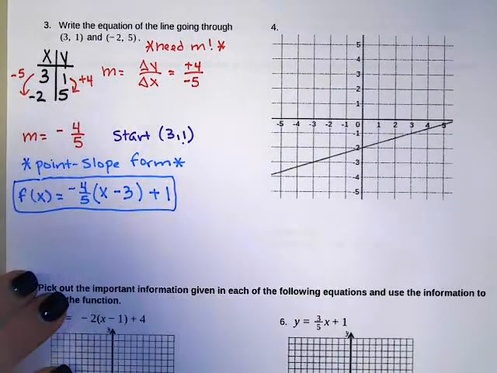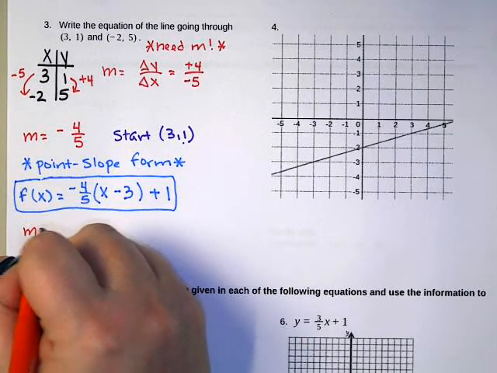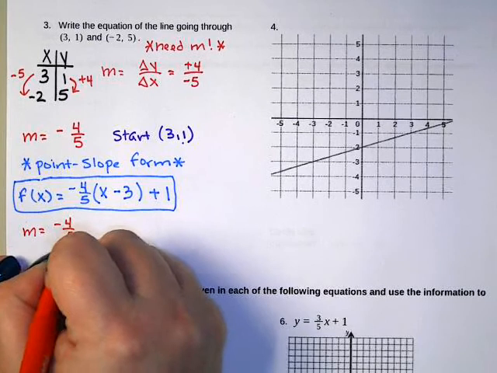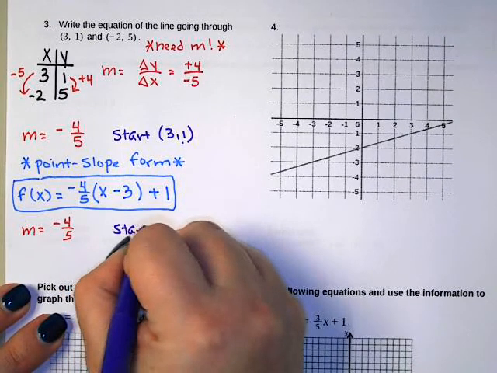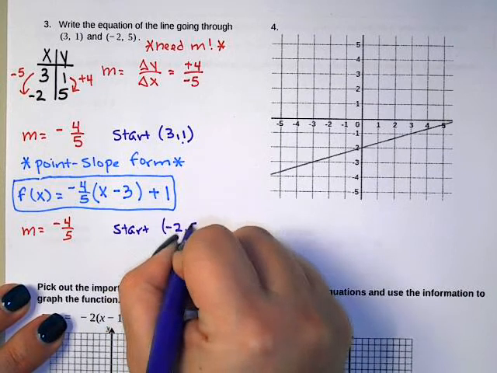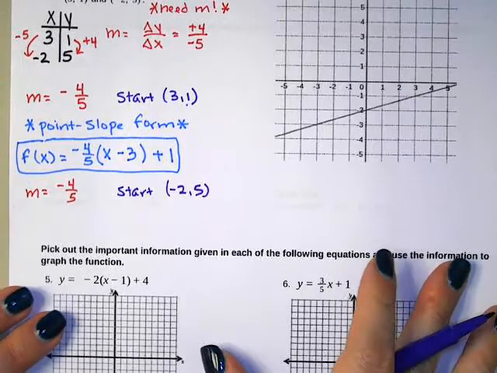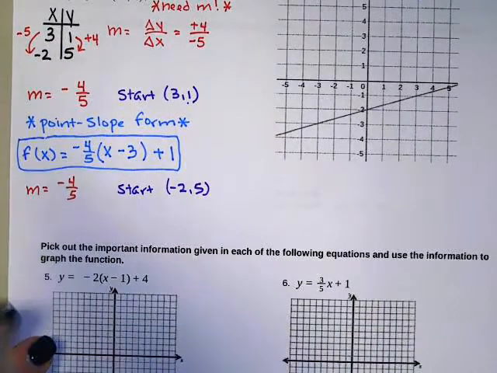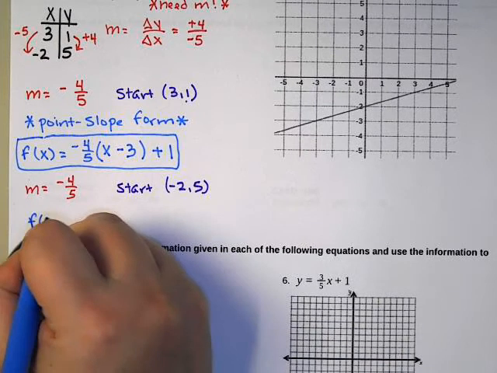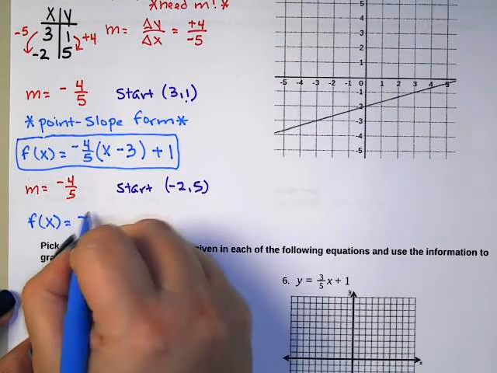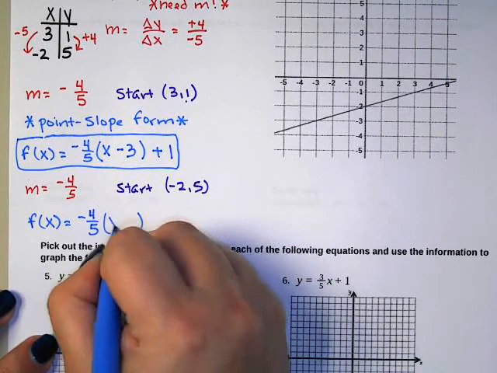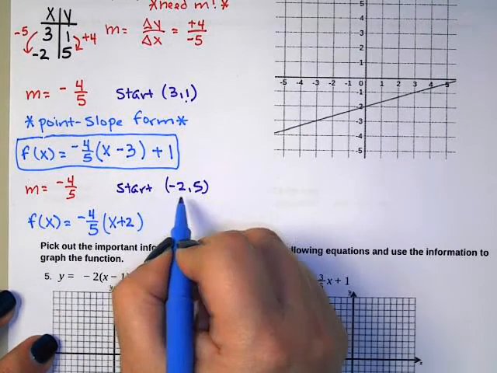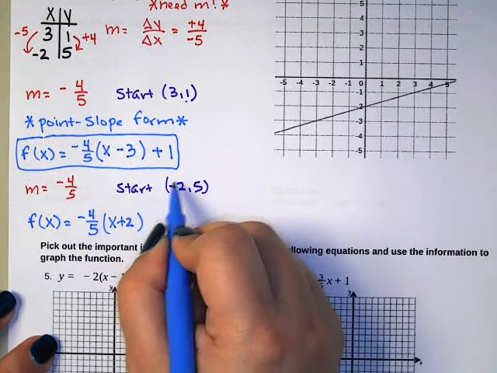Now if we wanted to use our slope of -4 over 5, and we wanted to have a start value of (-2, 5) instead, we could do that. We would still have to use point-slope form. And now we're going to do f of x equals -4 over 5 times x plus 2, because our starting x value is -2.